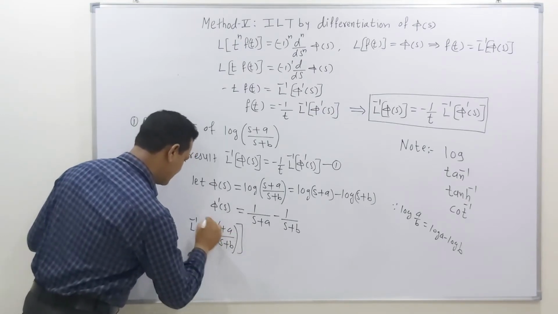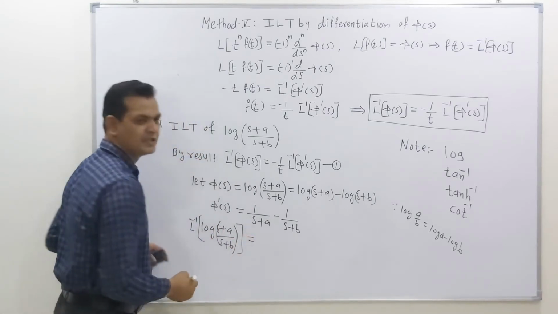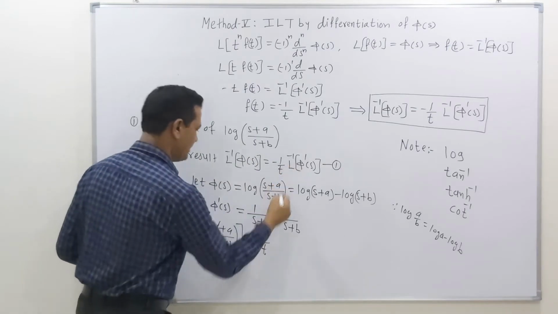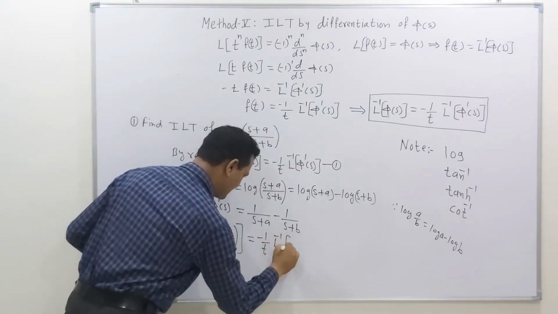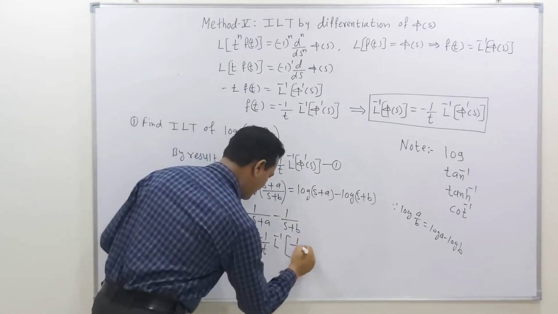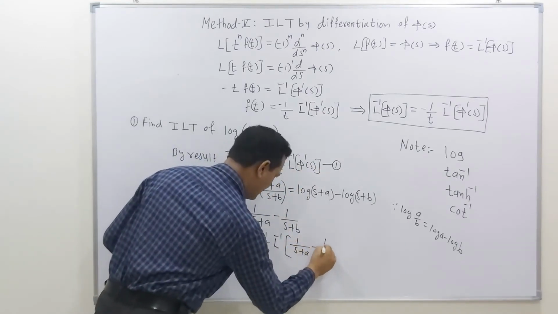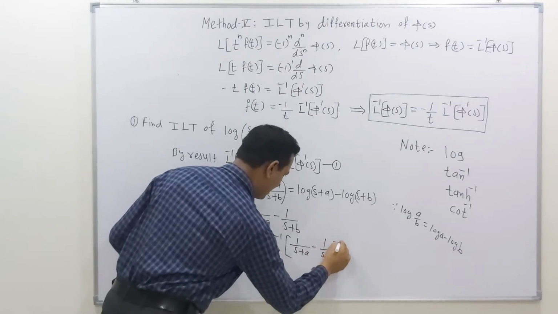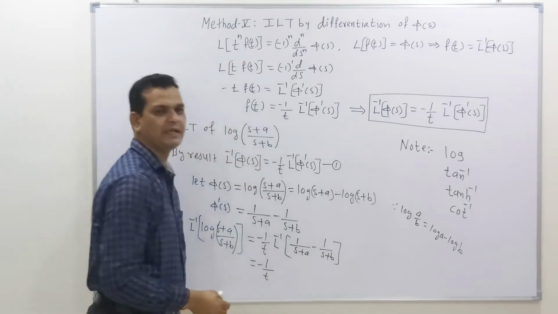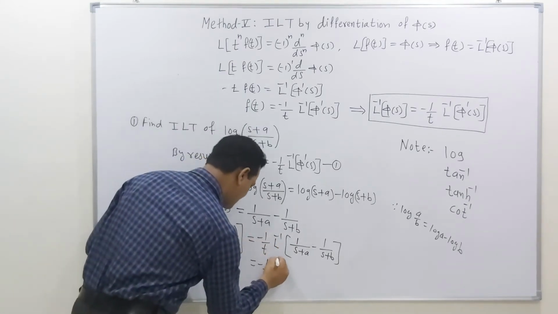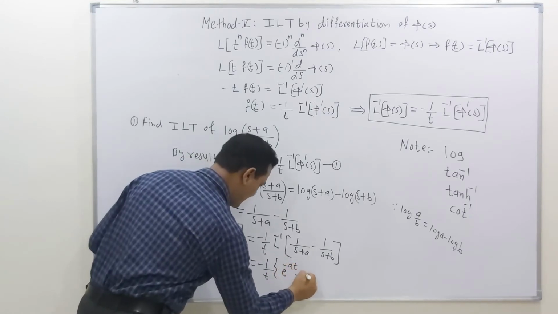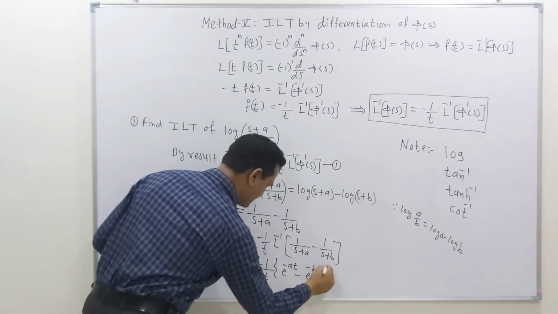Then its inverse Laplace transformation is equal to minus 1 upon t as it is, times the inverse Laplace transformation of phi dash of s, which is 1 upon (s plus a) minus 1 upon (s plus b). So friends, directly we get 1 upon t as it is, and then this inverse Laplace transformation is e raised to minus at minus e raised to minus bt.